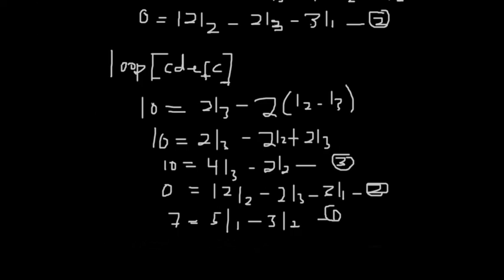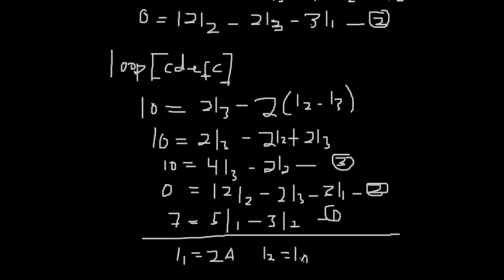When you solve all three equations simultaneously, you end up with I1 being 2 amps, I2 being 1 amp, and I3 being 3 amps.